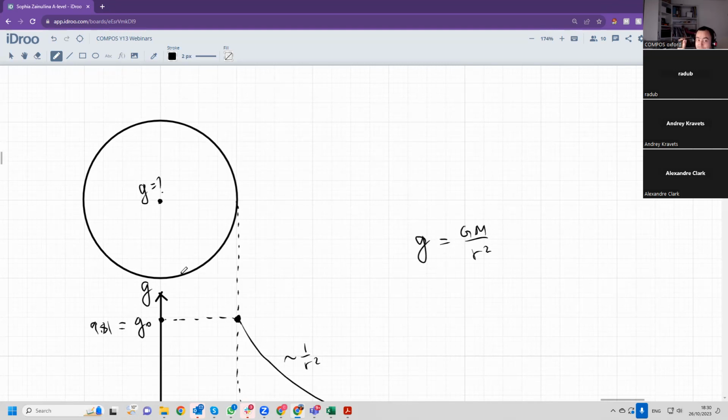Well, according to this formula, yes, it looks like it's going to be infinite. But if you think about it, if you go to the center of the planet, would it be infinite? As you go deeper into the ground, does the gravitational field increase?